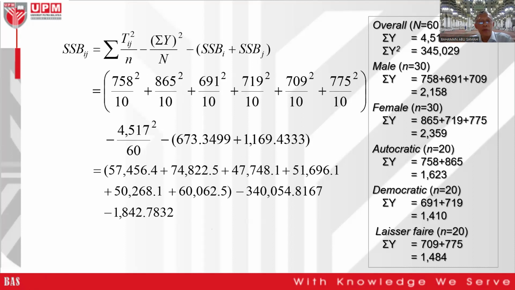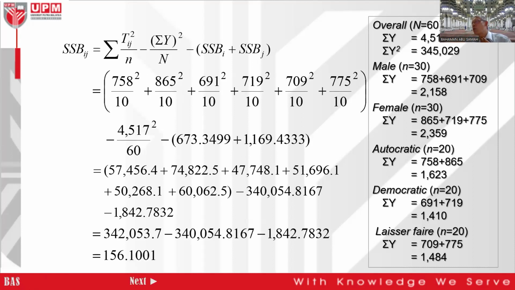If we were to solve for this, the sum square between for the interaction is 156.1001. So that will be our sum square between for interaction between gender and leadership style.